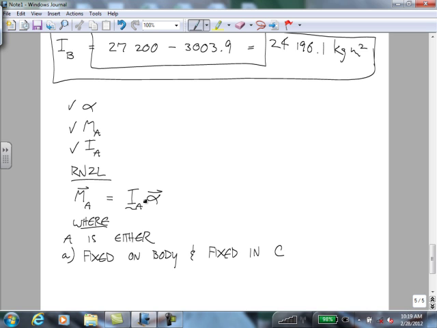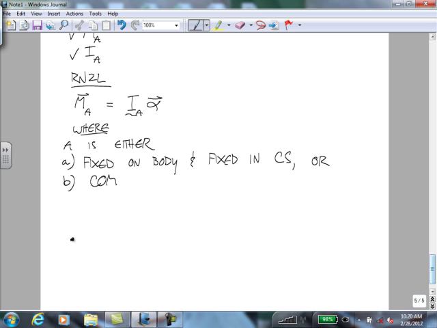A has to be either fixed on the body and fixed in the coordinate system, or B has to be at the body's center of mass. If A is any other point, then this equation isn't true.